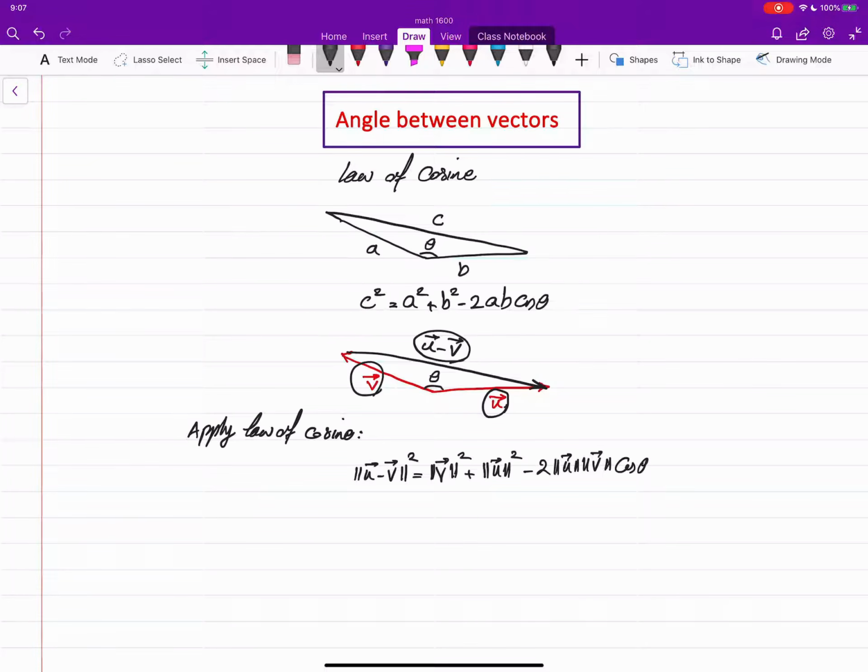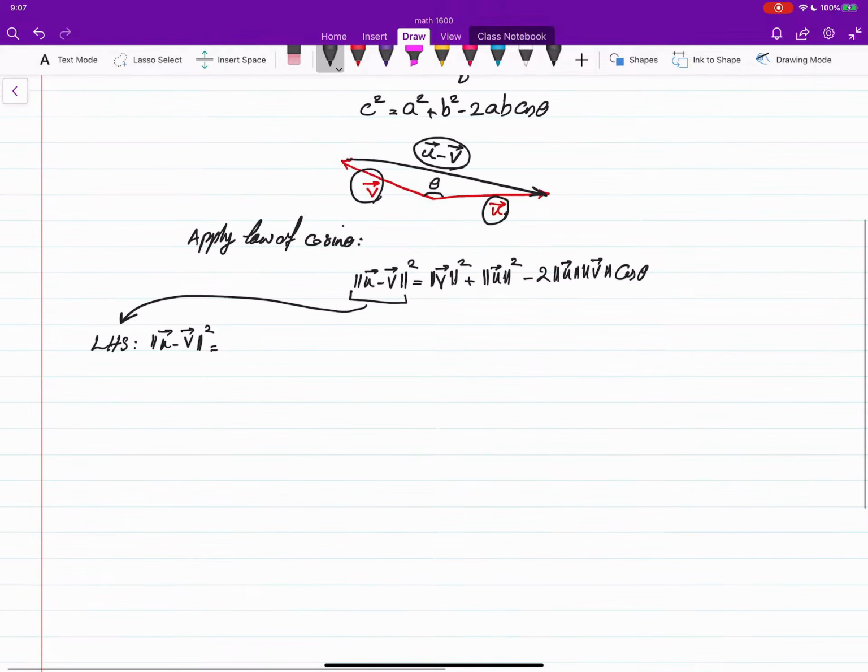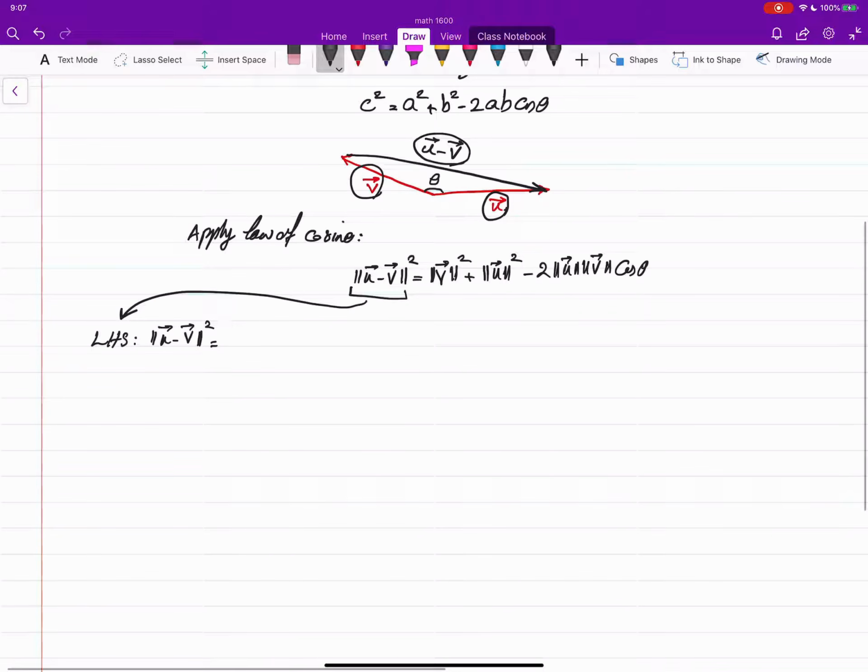Well, then we look at the left-hand side a little bit closely. So the left-hand side is length of u minus v squared. But we know that the length of any vector you give me, we can find it by dot producting that vector to itself.